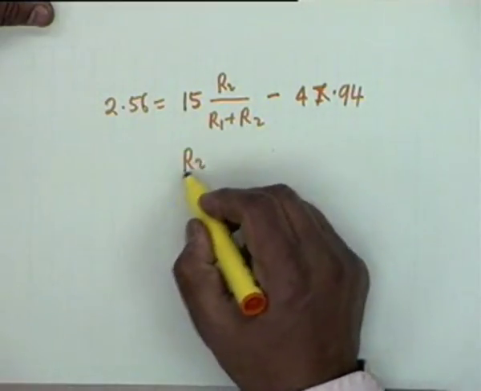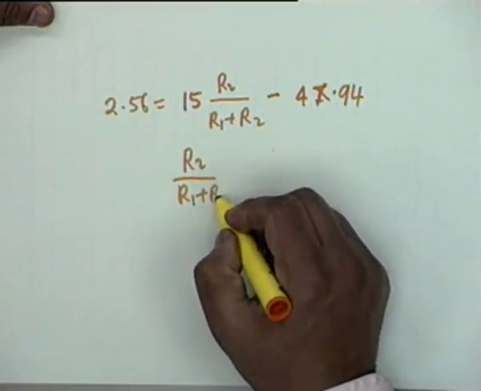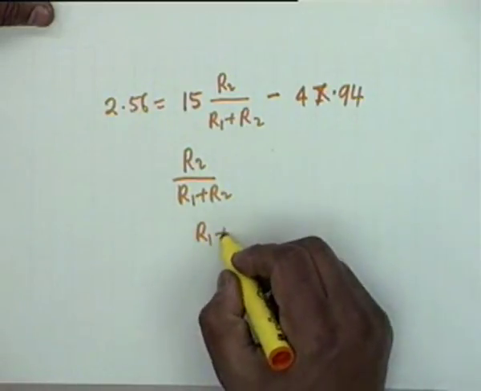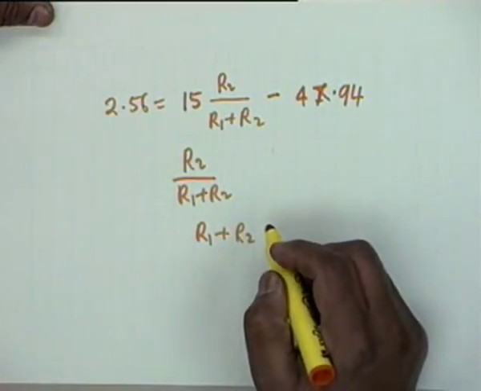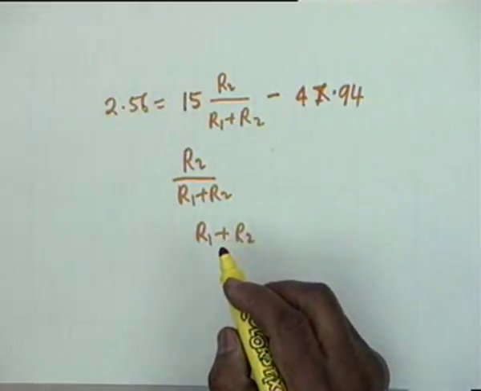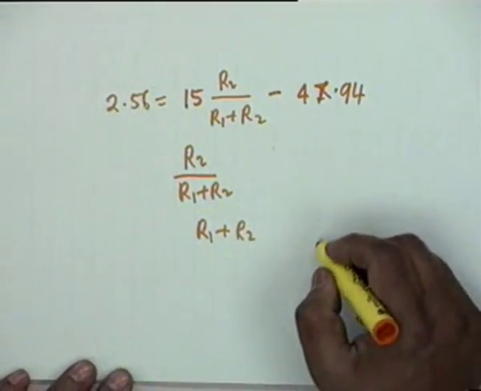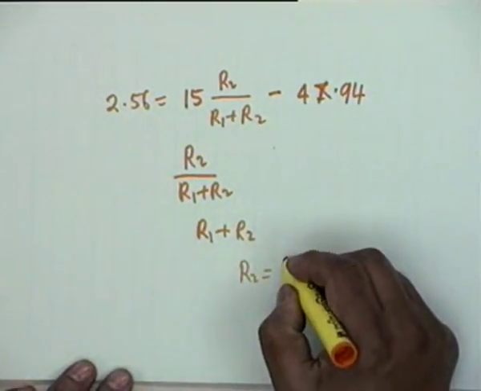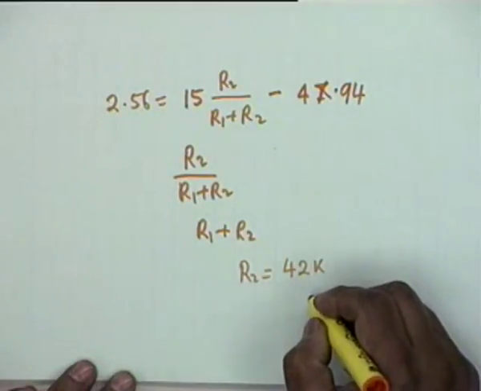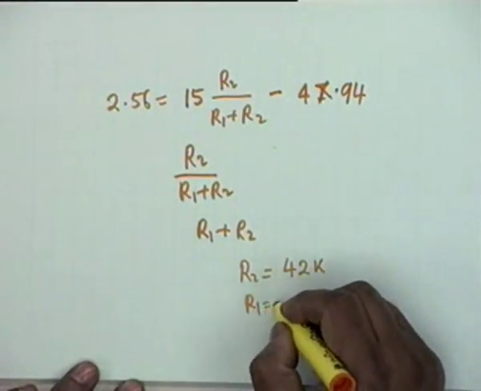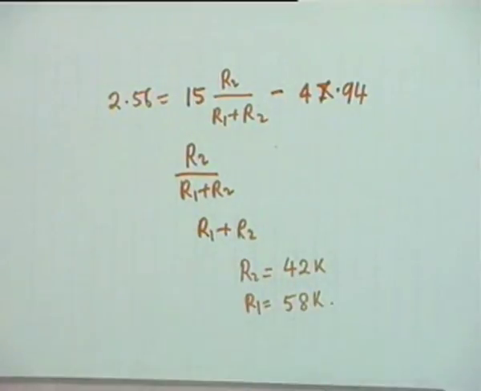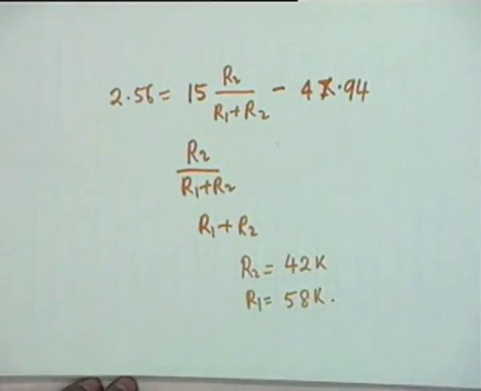Therefore you know R2 by R1 plus R2, and you know R1 plus R2 is 100K, so you can find out R1 as well as R2. My solution here, it was simpler to work out, so I did 42K and R1 is equal to 58K. That's the solution.